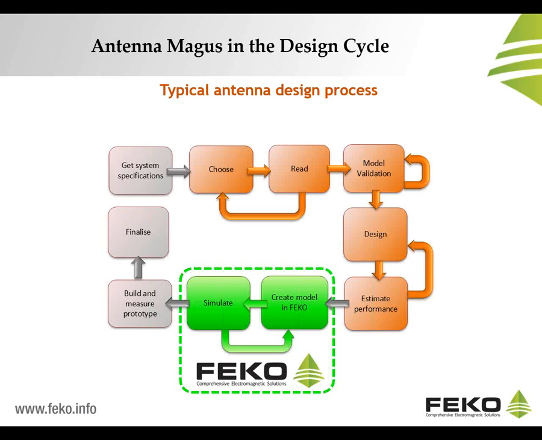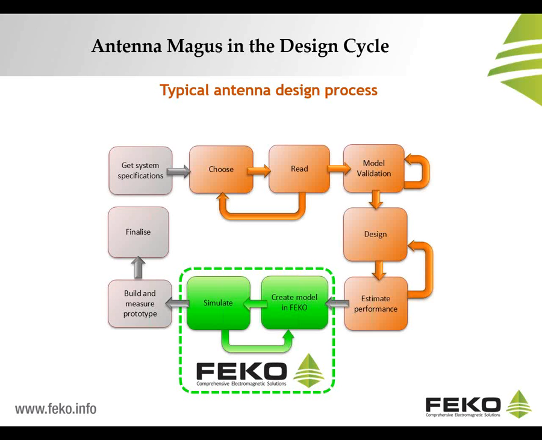So this is a typical representation of the antenna design process. You typically have to start by getting some system specifications that define what this antenna needs to do. You then choose an antenna topology based on previous knowledge or experience, or perhaps some information that you got from a friend of yours.